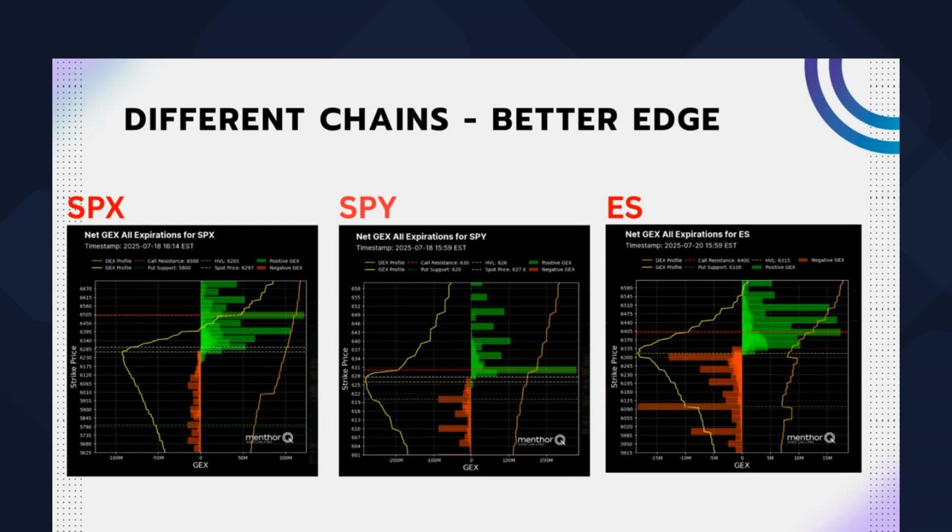SPY is also an asset that goes into your 401k. If you want exposure to the market, you'll probably buy a SPY ETF and hold it for a very long time. So the customer buying or selling these options is way different from who's buying and selling SPX.